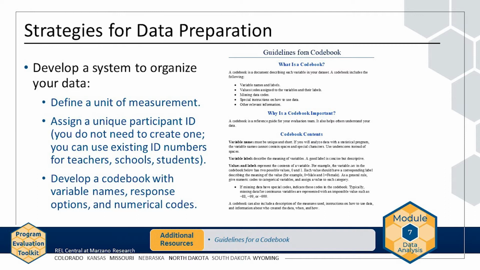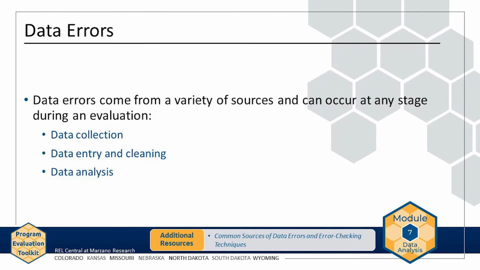illustrate its core contents. When you prepare your data, check for errors or inaccuracies. Data errors are simply differences between actual data values and reported data values. Data errors come from a variety of sources and can occur at any stage during the evaluation process, including data collection, data entry and cleaning, and data analysis.